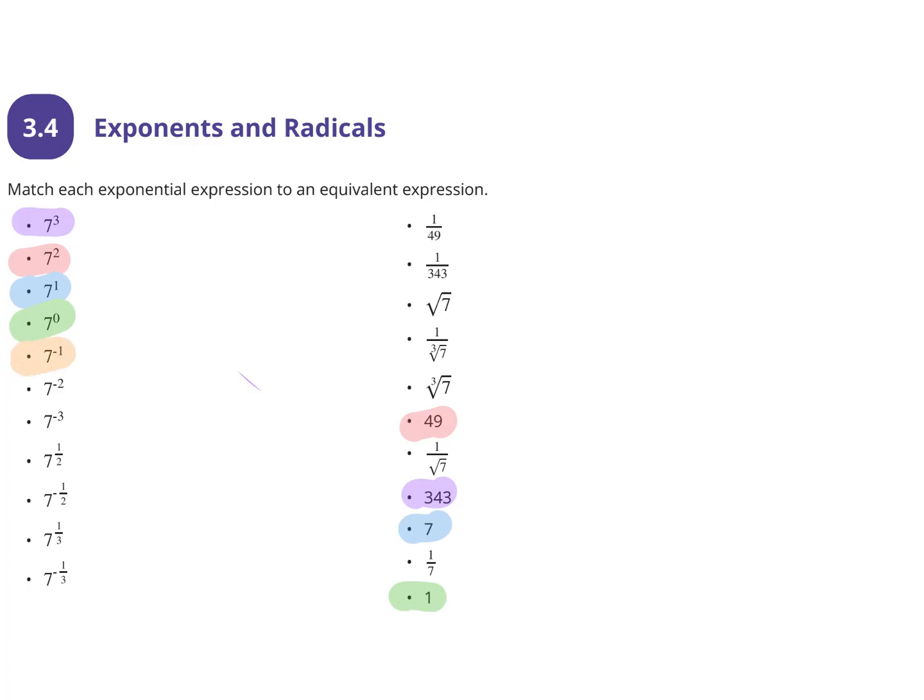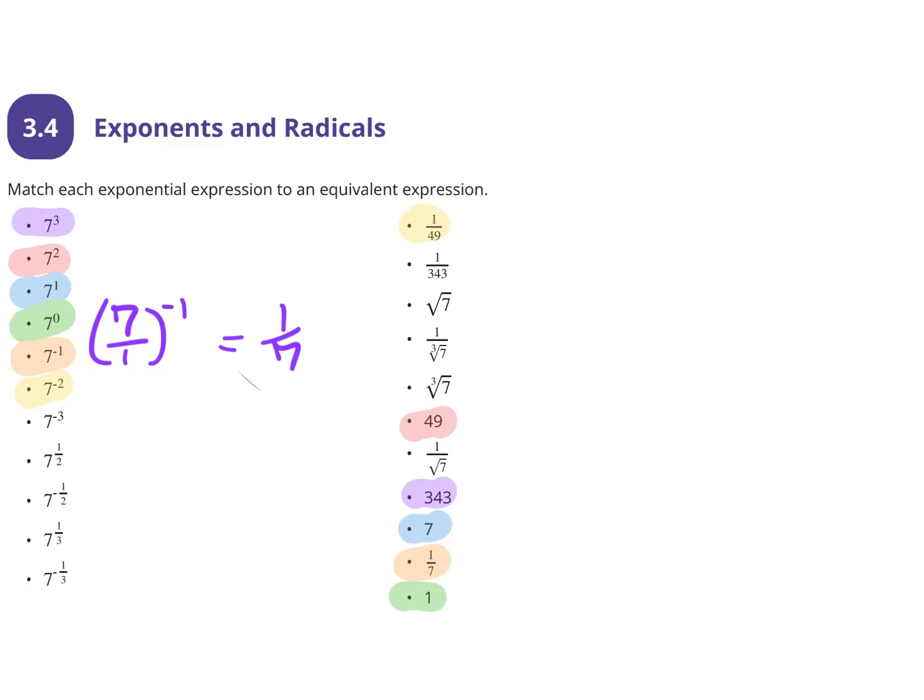7 to the negative 1 is 1 over 7 because we know that all whole numbers can be put over 1. And when you raise something to a negative power, you flip the fraction upside down. 7 to the negative 2 is 1 over 7 squared, which is 1 over 49.